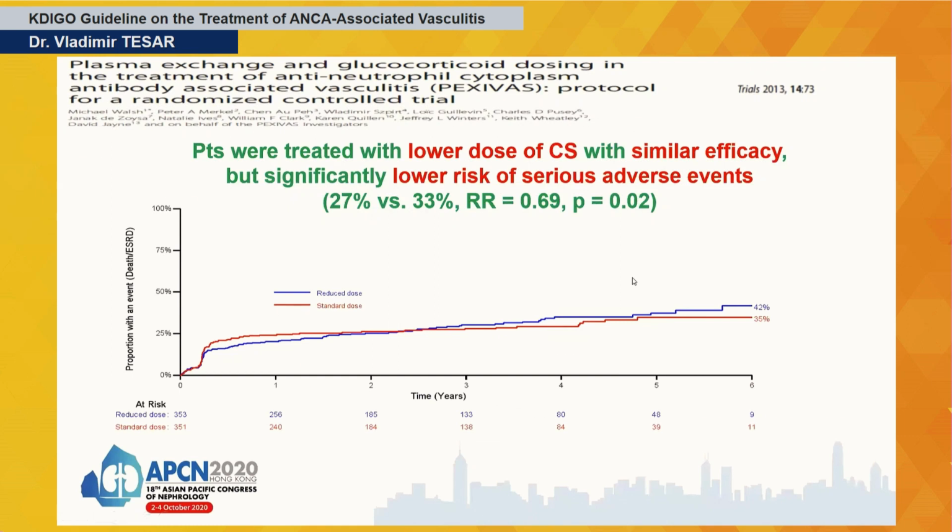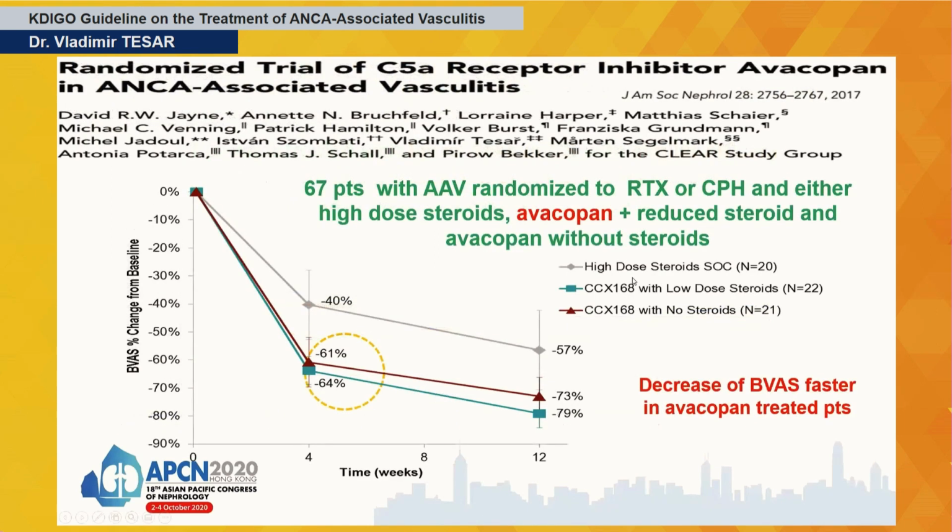So this shows that we should really limit the cumulative dose of corticosteroids, and currently it seems that there is even a chance to completely avoid the use of corticosteroids, using instead of them the inhibitor of C5a receptor, avacopan.